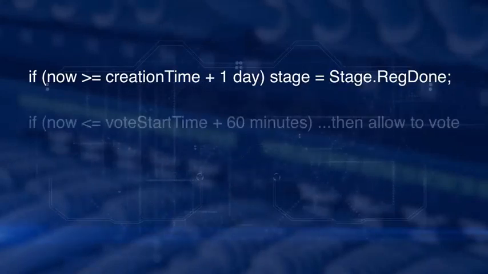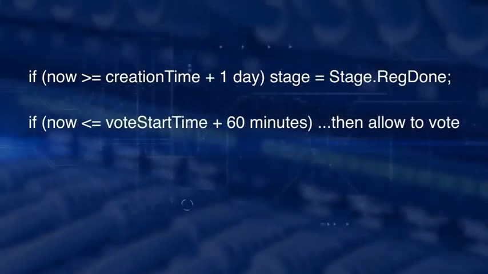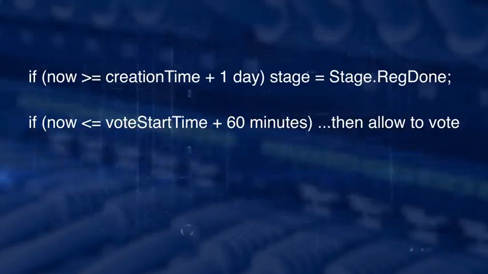After this, if now is less than voter start time plus 60 minutes, then allow user to vote. Recall that now in smart contract is not the time at which the transaction was initiated, but it is the time when it was confirmed.